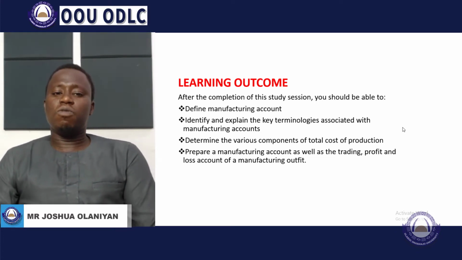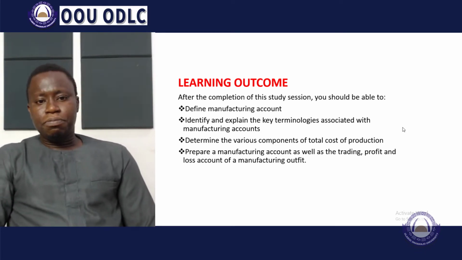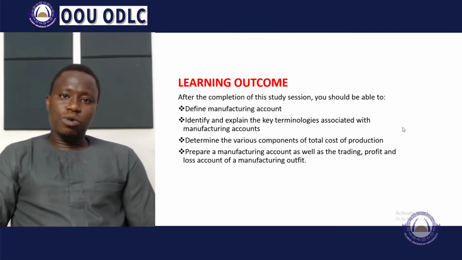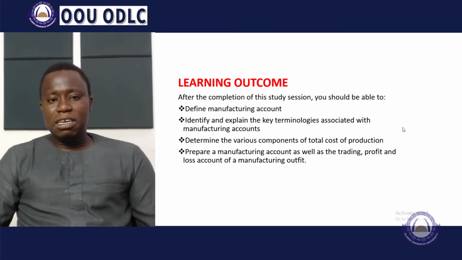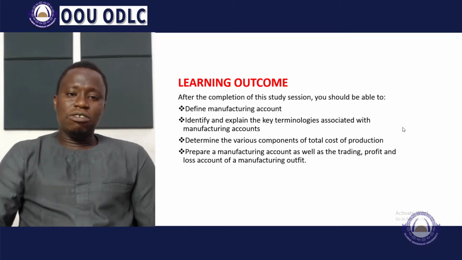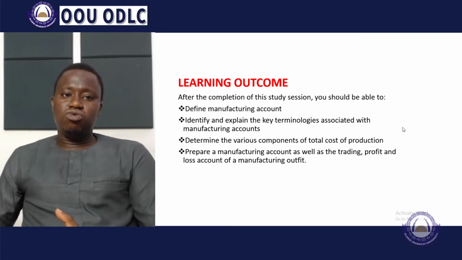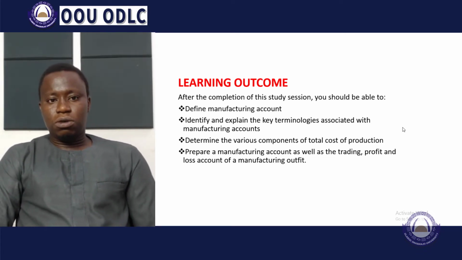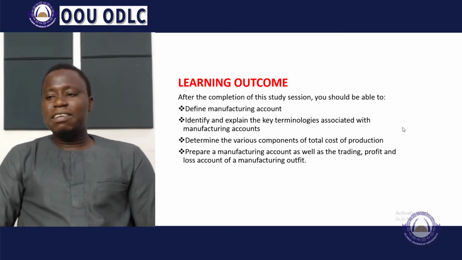When we talk of cost of production, what are the things that make up the cost of production? Finally, you'll be able to prepare a manufacturing account. I'll first do a run through of the basic things you may need to know in this topic, then come back later to give an illustration of a typical manufacturing account. Now let's get started.